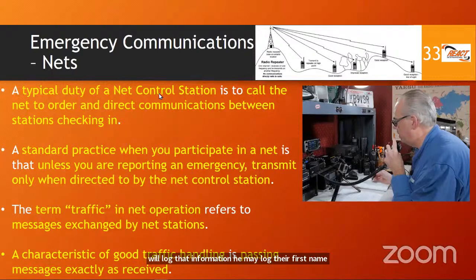He may log their first name as well, and that's a log sheet. A typical duty of a net control station is to call the net to order and direct communications between stations checking in, again like a chairperson in a meeting. We should also be aware that once you have a net control operator in effect, you shouldn't just transmit on the frequency.